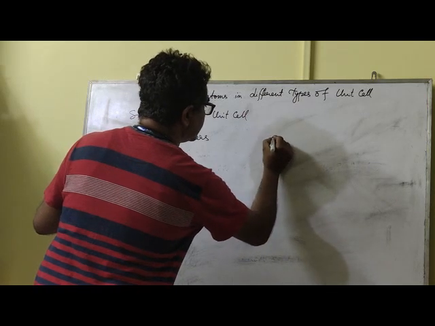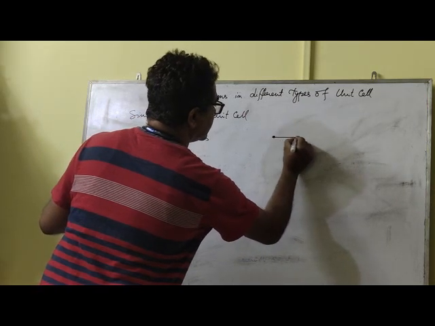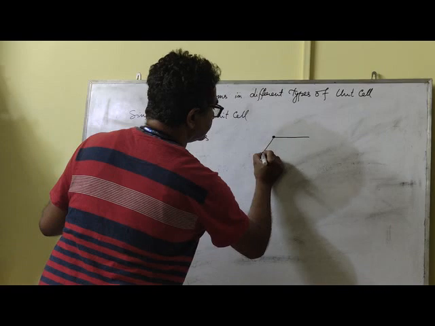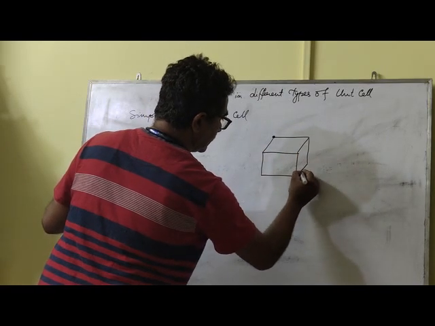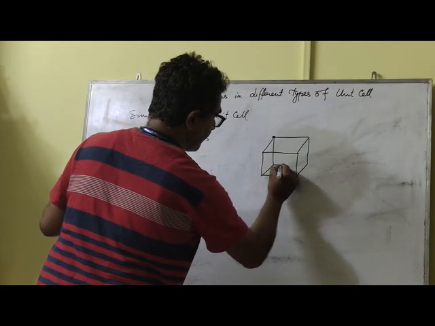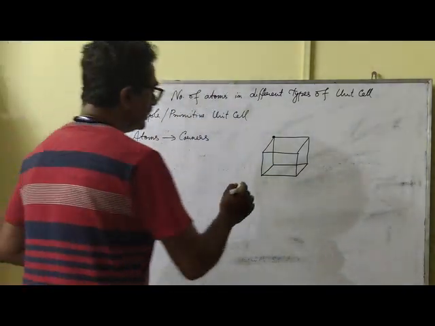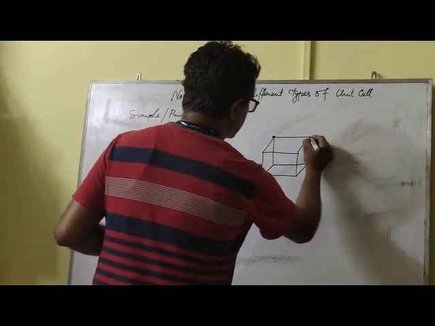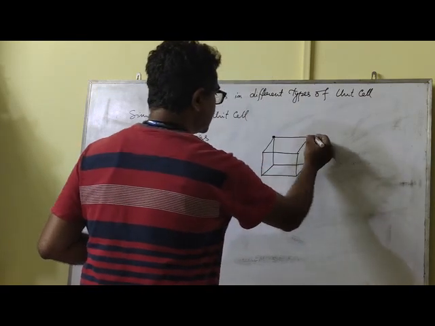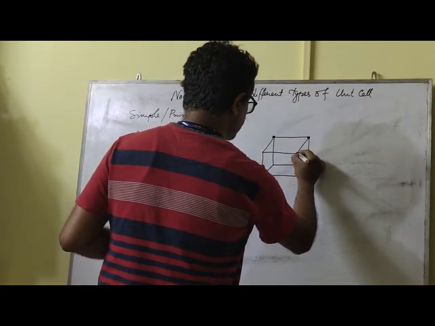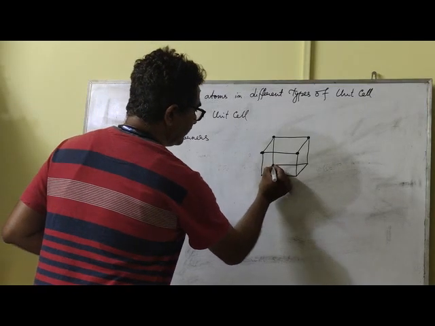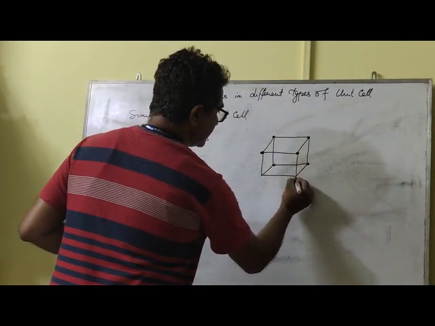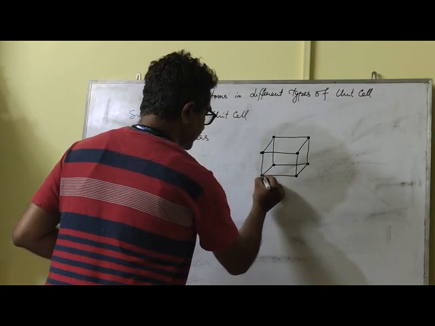So if we have a cubic unit cell, let me draw it out here. Let me first draw a cube. Now what are the different corners? This is one corner, this is 2, third corner, fourth corner, fifth, sixth, seventh, eighth.